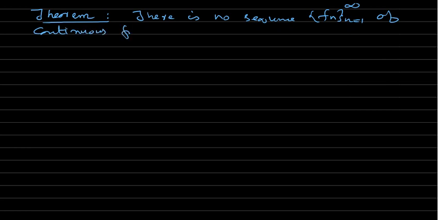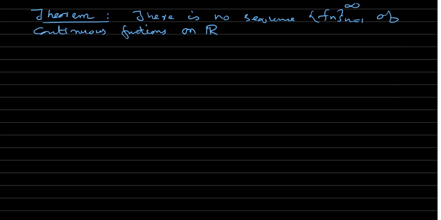There is no sequence fn, n runs from 1 to infinity, of continuous functions on R. So they are functions from R to R. Each one, f1 is a function from R to R, it is continuous. f2 is a function from R. All of them are continuous functions from R to R.